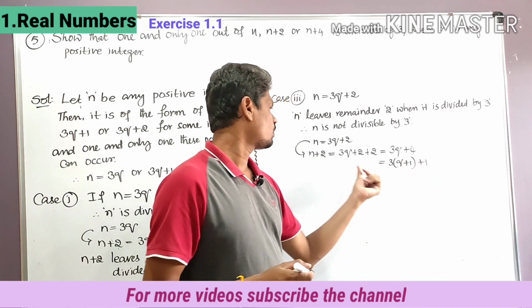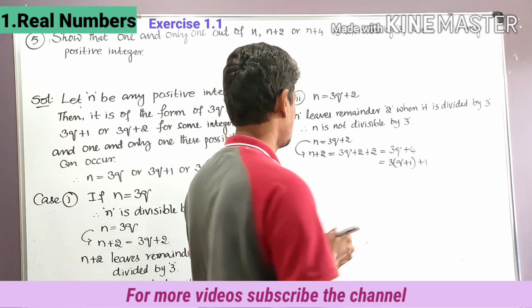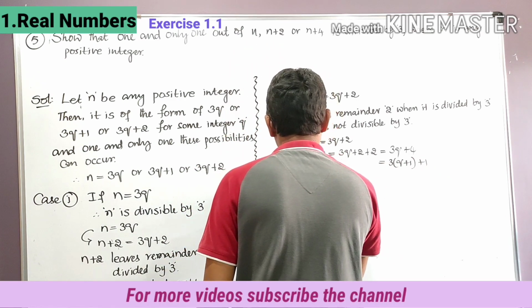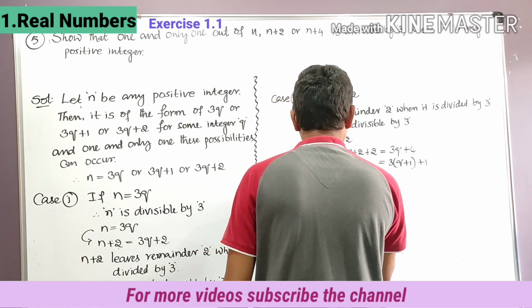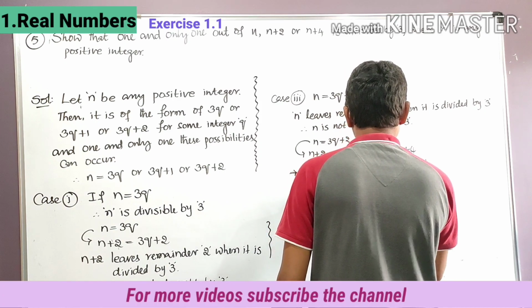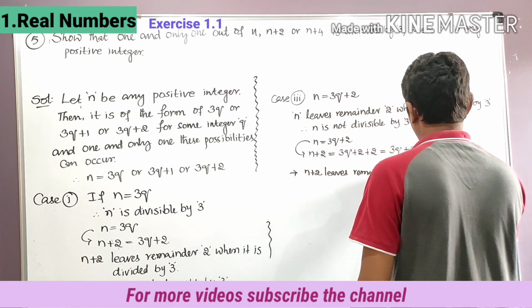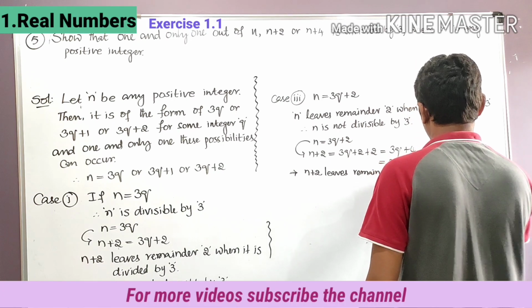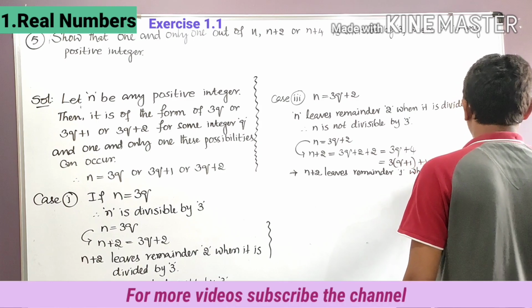Therefore n plus 2 leaves remainder 1 when it is divided by 3.